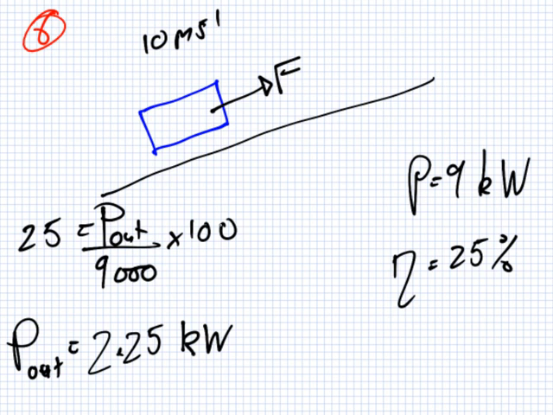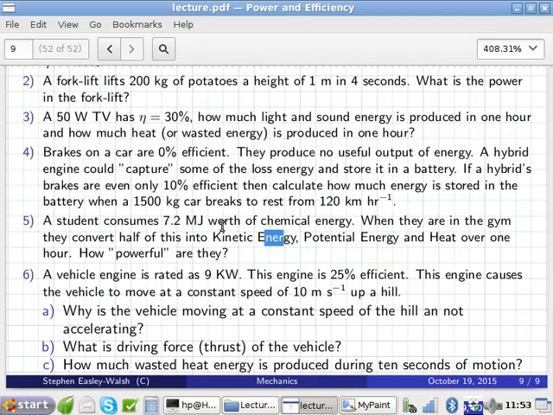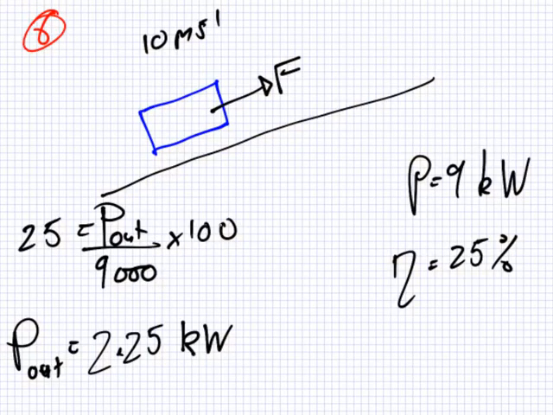Now, the question is what? I forget. Oh yeah, so the first question is, why is the vehicle moving at a constant speed and not accelerating? So why do you think this is not accelerating? Why is it moving at a constant speed? Because the engine is supplying the same amount of power.